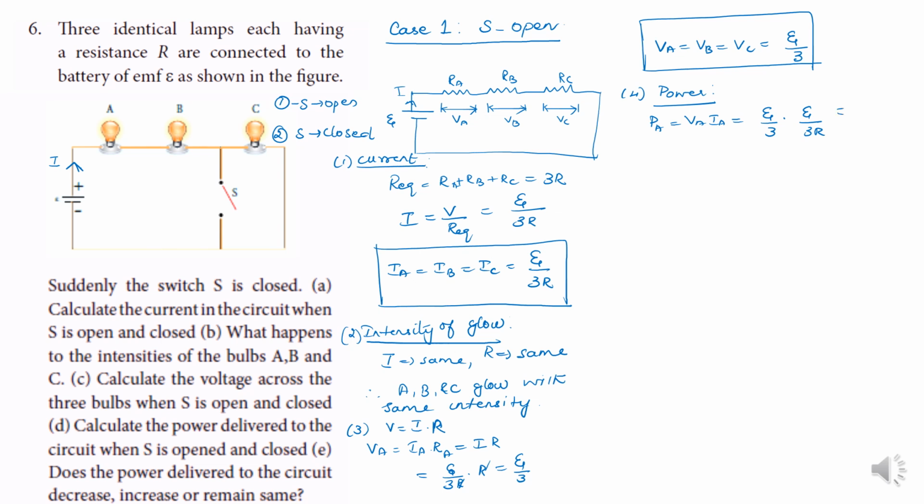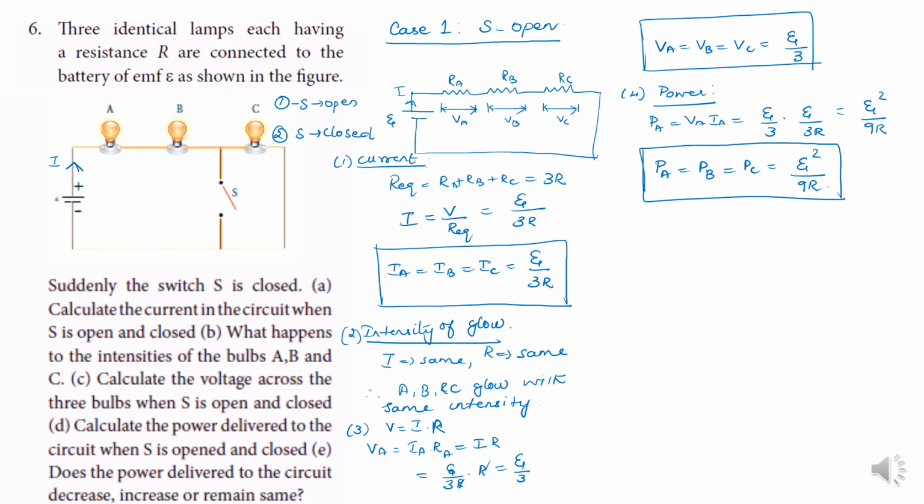So this is epsilon square by 9R. VA is equal to VB is equal to VC, IA is equal to IB is equal to IC. Therefore, PA is equal to PB is equal to PC, and that is equal to epsilon square by 9R. So this is when S is open.